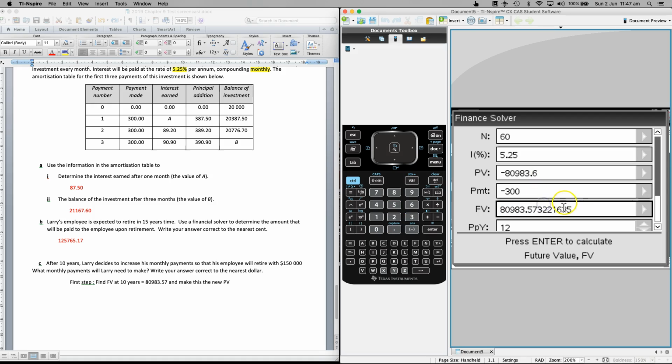And he wants the final value to be 150,000. And we're looking at what payment will make that possible. So we hit enter on payment, and we're told that his new payment will have to be $654.09.